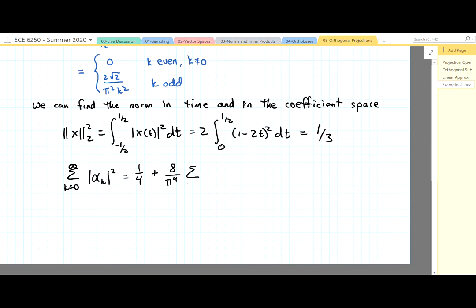Well, let's use k prime equal to 0 to infinity, and for our k, we'll have 1 plus 2k prime. That gives us our odd values. It was squared before up above, but now we've squared that again, so now it's raised to the 4th power.